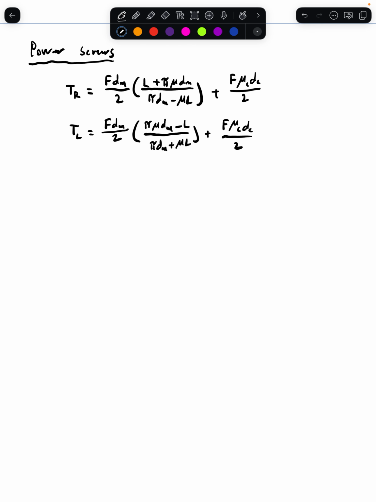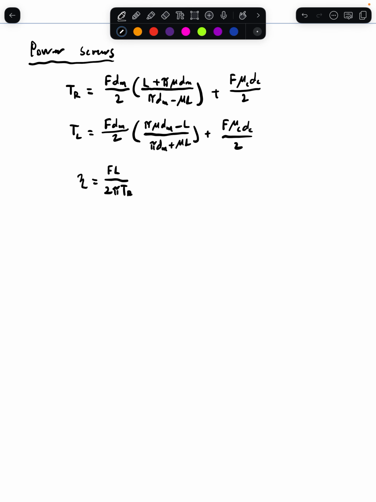There's a couple of other properties of power screws that it might ask for. So efficiency is going to be the force times the lead divided by 2 pi times the torque required to raise a load. And then there is a property of screws called self-locking that they can have.